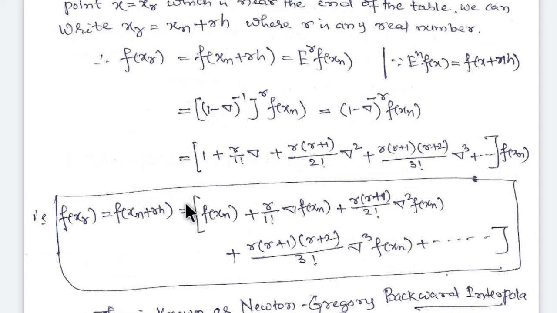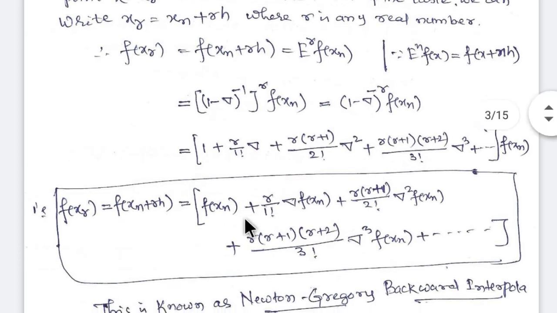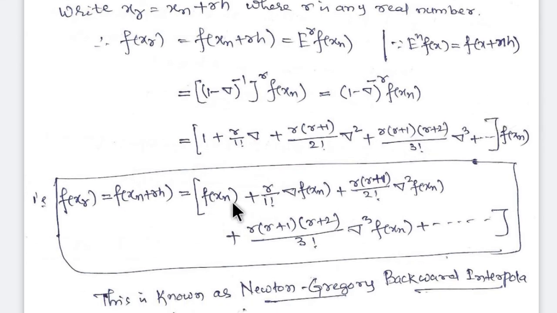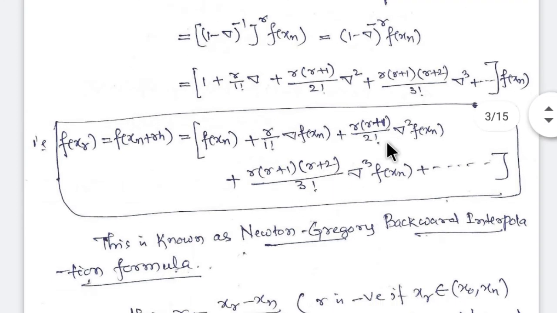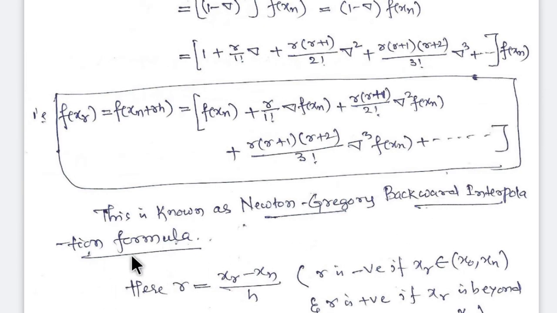Multiply f of xn inside, we get f of xr equal to f of xn plus rh equal to f of xn plus r by factorial 1 into del of f of xn plus r into (r plus 1) divided by factorial 2 del square of f of xn plus r into (r plus 1) into (r plus 2) divided by factorial 3 into del cube of f of xn plus etc. This formula is known as Newton-Gregory backward interpolation formula.